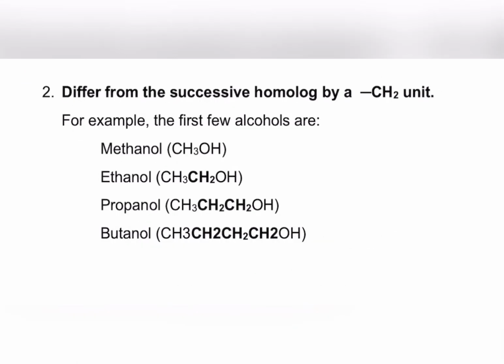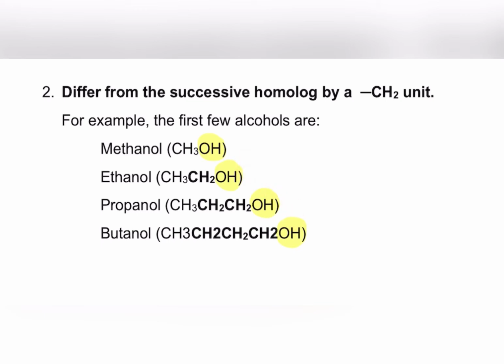The next one: a homologous series must differ from the successive homolog by a CH2 unit. So for example, we take the class of compound alcohols. Alcohols contain the same functional group, which is the hydroxyl group. The structure is OH, just like what I highlight here.